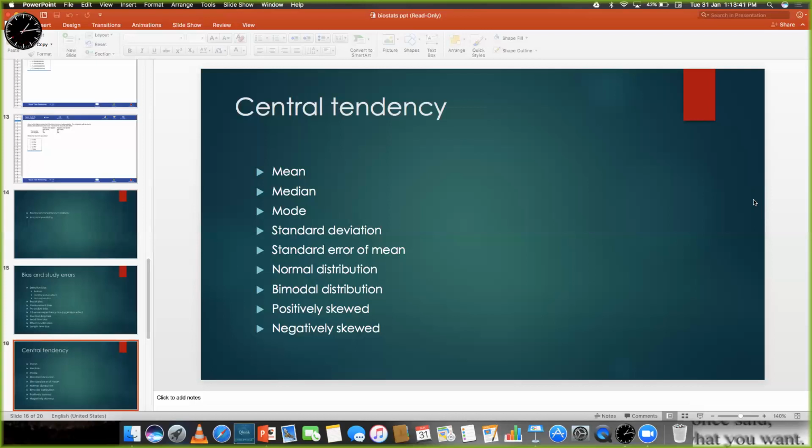So how am I going to do that? How can I be so sure that the average blood glucose that I calculate from a small group of people is also the mean of the population? There should be some statistical measure, some formula, so that I can project my information onto the whole population.